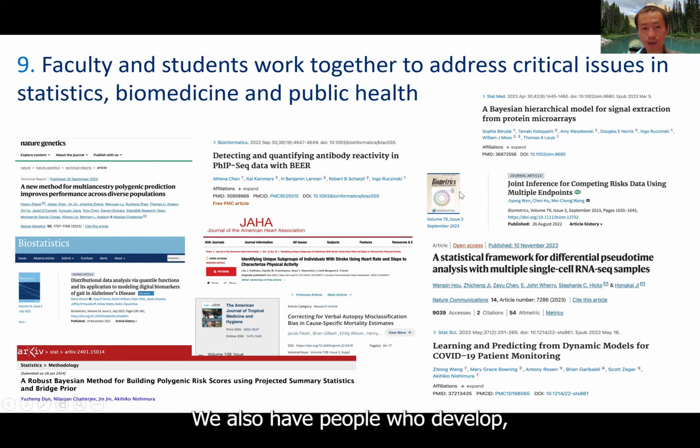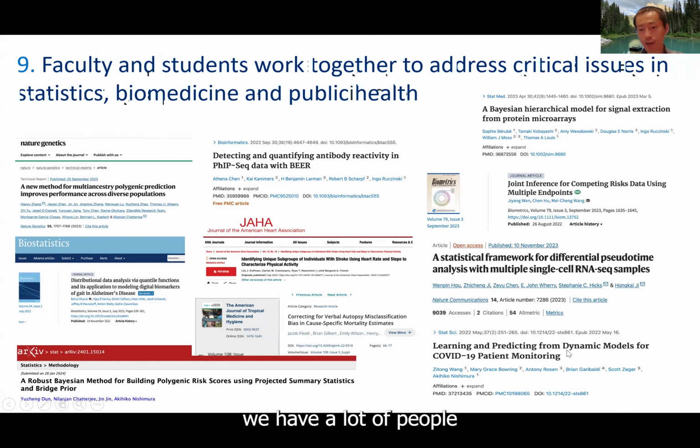We also have people who develop, for example, things related to Alzheimer's disease, using a statistical method here called quantile function, things like that. And then if you come to the department, you're going to learn more about them.